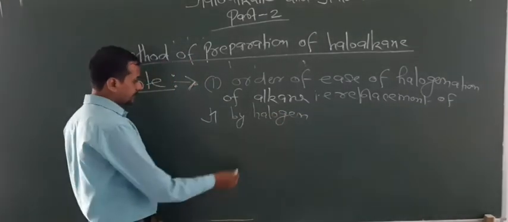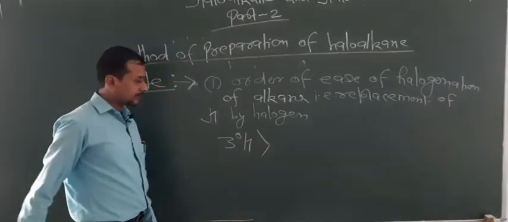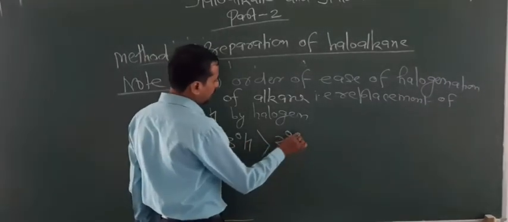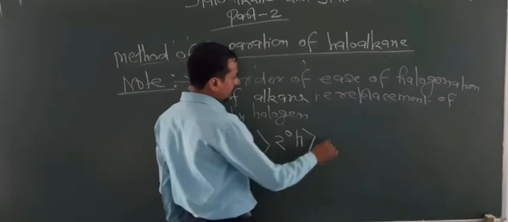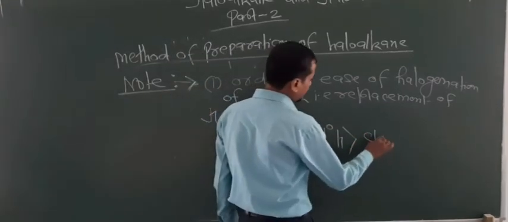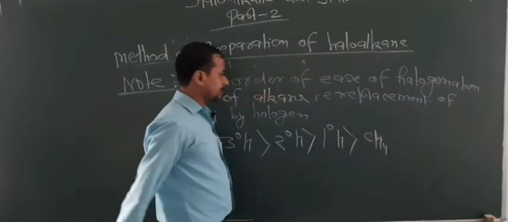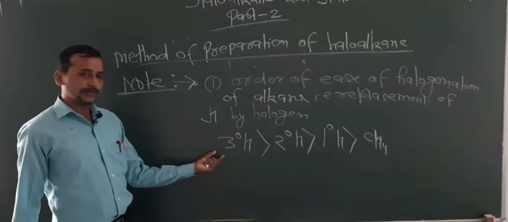So look at the order: 3 degree H is replaced first, then 2 degree, then 1 degree, and then after that CH4.